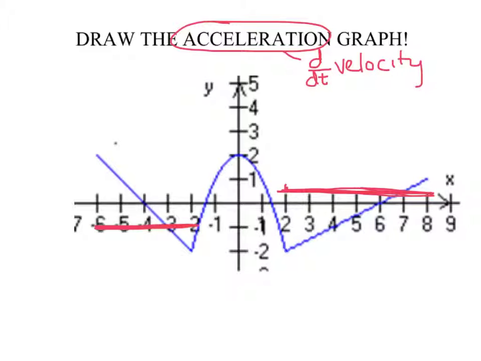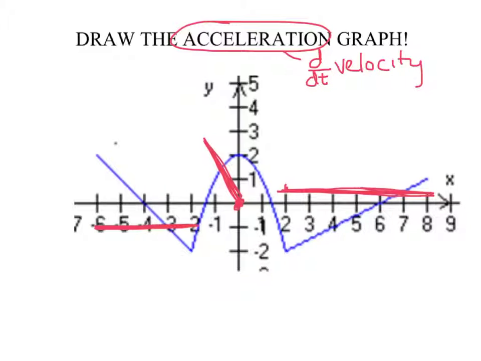Now in this part where it's a curve, with curves I look for where the slope is 0. I start with that, and I mark that because if the slope is 0, the derivative is 0. Then I say, here the slope is positive, so I have to have a positive derivative.